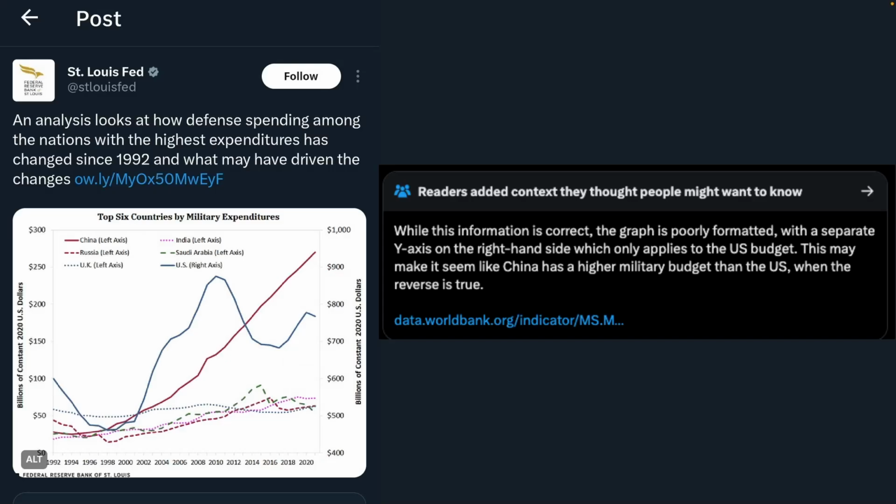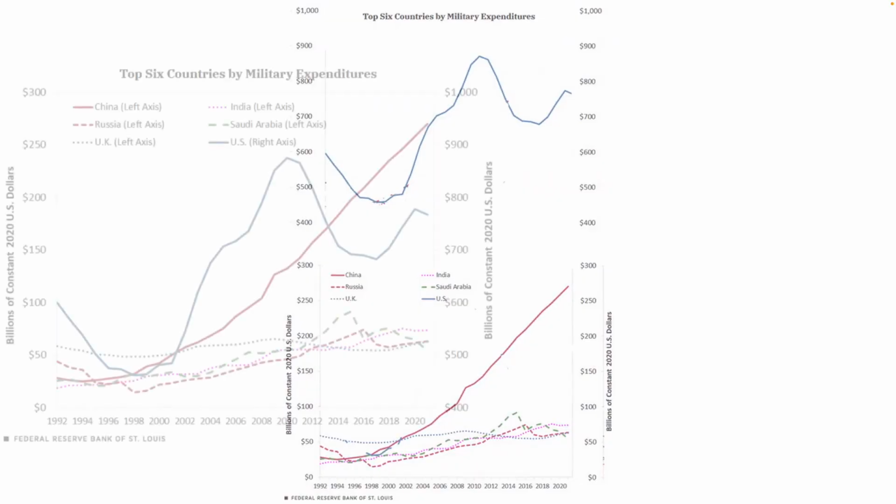And if you look on the right-hand side, you see China's line stops and it's over 900, whereas the US is like 775, right? So most people are going to look at it that way. Probably not going to check and see which axes. This was formatted this way on purpose to be misleading, in my opinion.